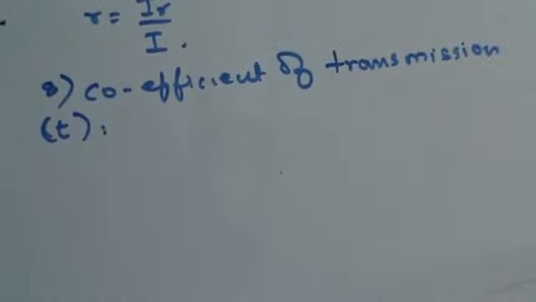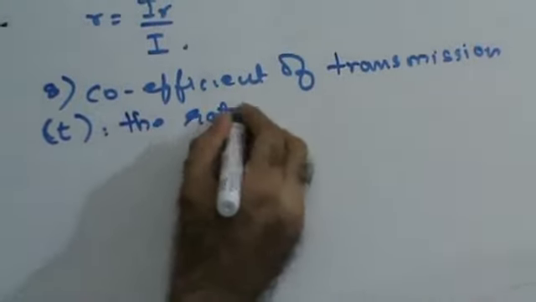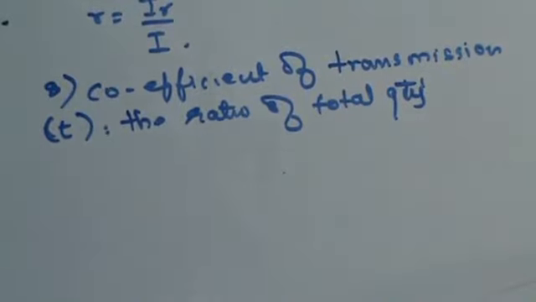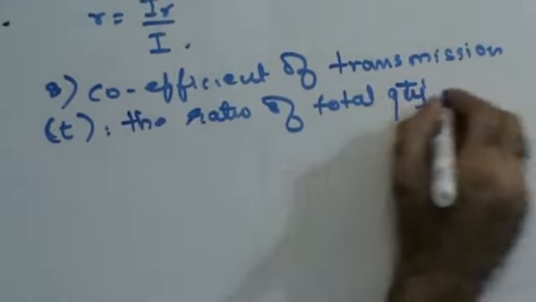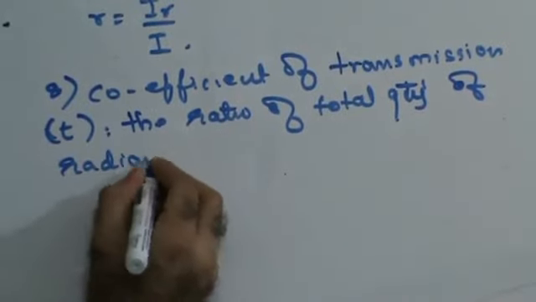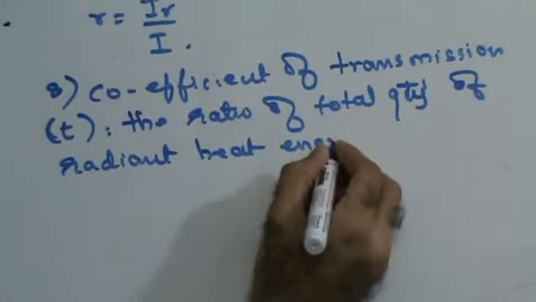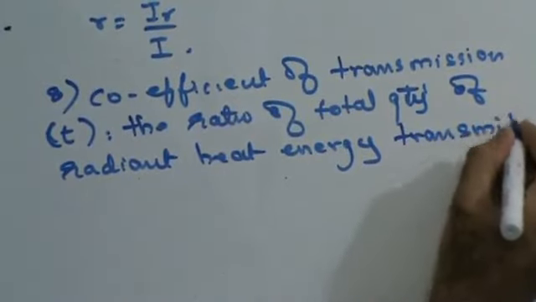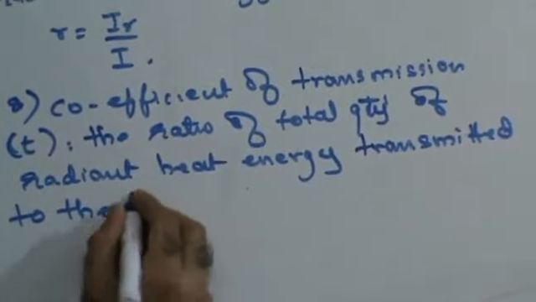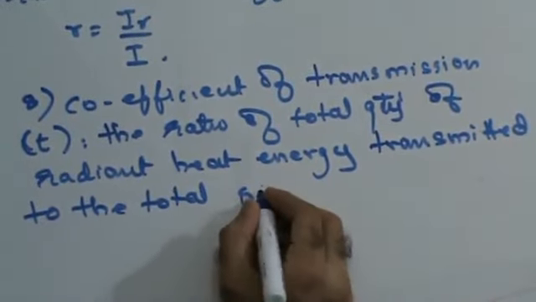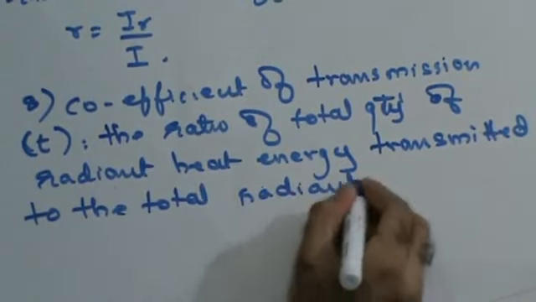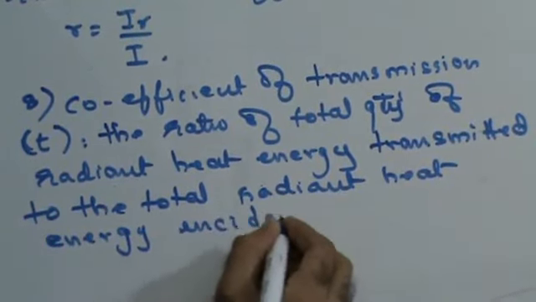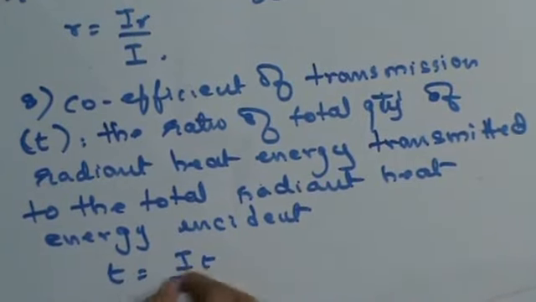It is defined as the ratio of the total quantity of radiant heat energy transmitted to the total radiant heat energy incident. Thus, I can say t is equal to It upon I.